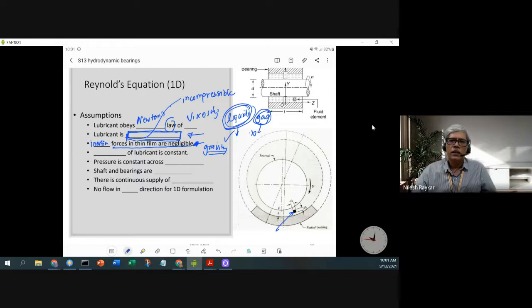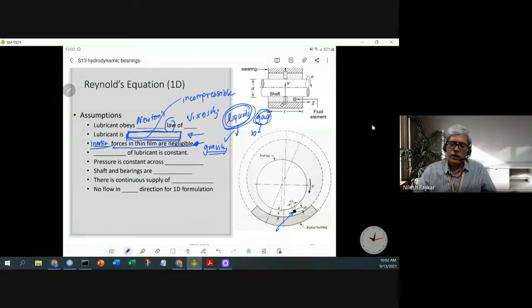Or since it is going in a circular motion, there will be centrifugal force acting on this particle. So those forces are neglected. They are much higher than the gravity or the weight of that particle, but they are insignificant as compared to the pressure force which we are talking about. So inertia forces are neglected in this particular analysis.